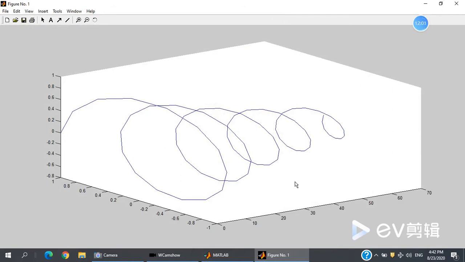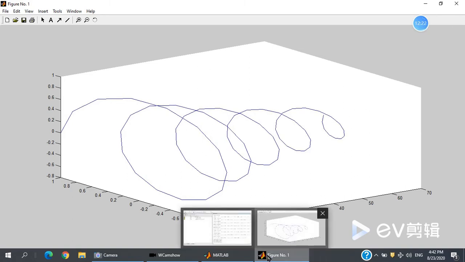Okay, this is fine, right? Still like a spring, and this spring turns around smaller and smaller, because we have a power of rho, and rho is a number smaller than 1, so it tends to be smaller and smaller.